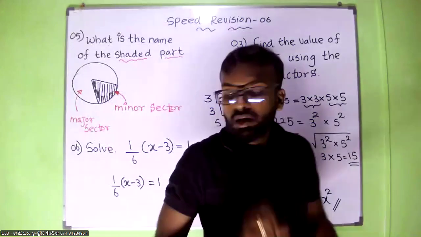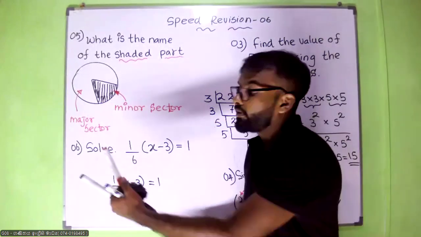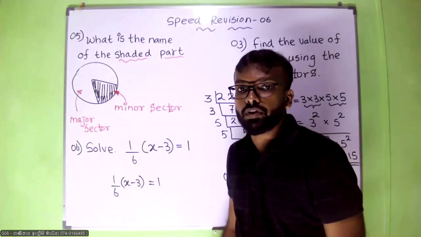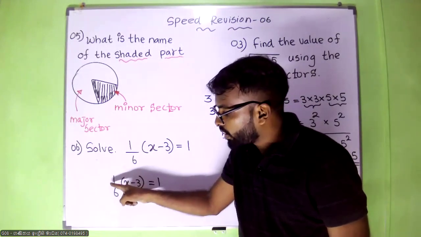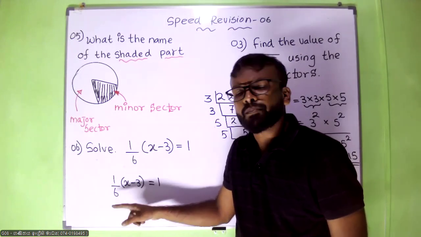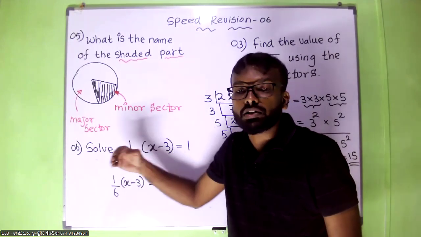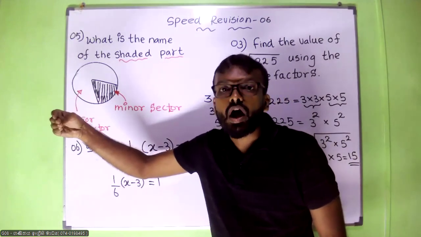First of all, in this kind of situation, what are we going to remove from our left hand side in order to find the value of x? Here you have 1 divided by 6, so you are going to remove this 6. How do you remove it? This is divide by 6. What is the opposite of divide? Multiplication.